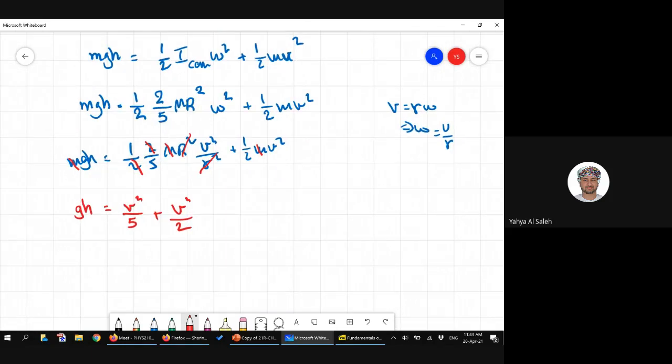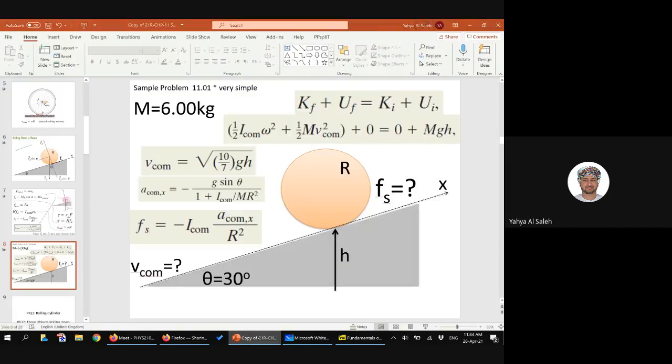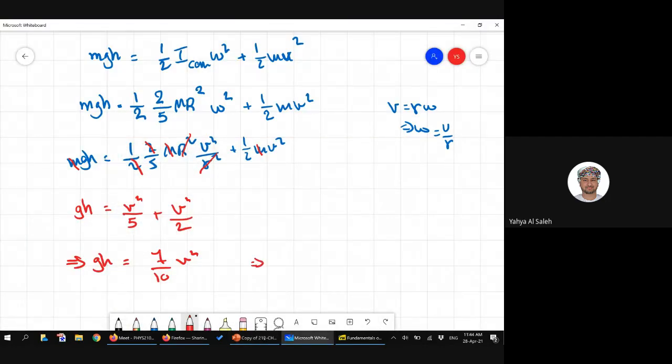So gh equals 7 over 10 V squared, which means V equals square root of 10 over 7 gh.